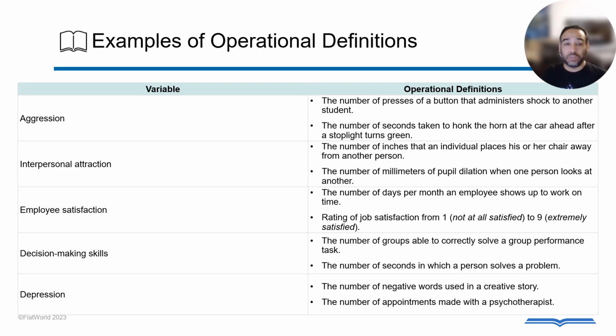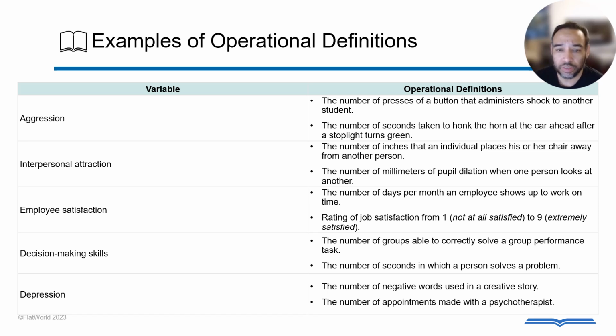All right, on this particular slide, we have quite a few operational definitions and variables that we can discuss. I'm not going to go through all of these because they're on the list for you, but let's mention a few. The first one is aggression. An operational definition for aggression, how you would measure it: the number of presses of a button that administers shock to another student.